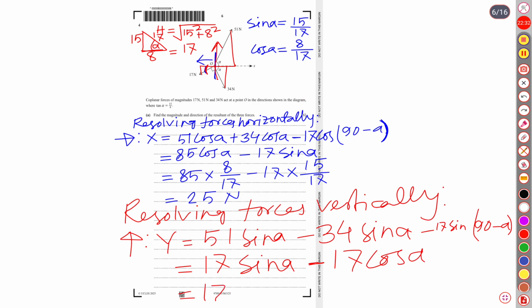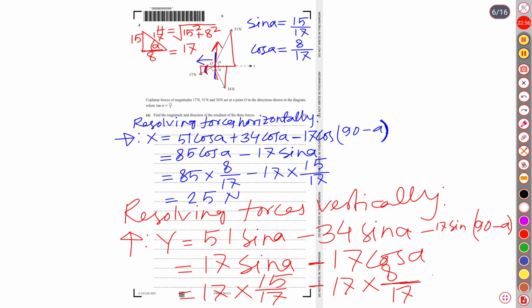Now we are going to substitute the values. It is 17, and sine alpha we have got is 15 over 17, minus 17 into cos alpha, which is 8 over 17. So finally our resultant force is what?